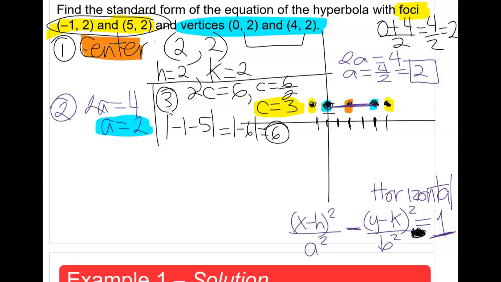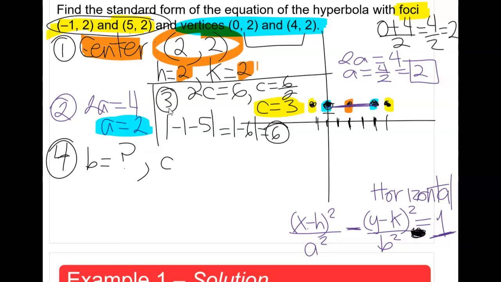And so we have a lot now. We have our center, so we have h and k. We have a, we have c, but now we need b. And for b, that will be our fourth step. To find b, we will be using the one that looks like the Pythagorean theorem: c squared equals a squared plus b squared.